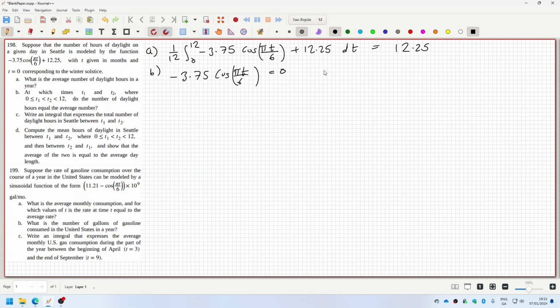That's when the argument is pi over 2 or 3 pi over 2. So we can cancel out the pi's and multiply by 6. So that is t equals 3 or 9. So that'd be the equinox, wouldn't it? In March and September.